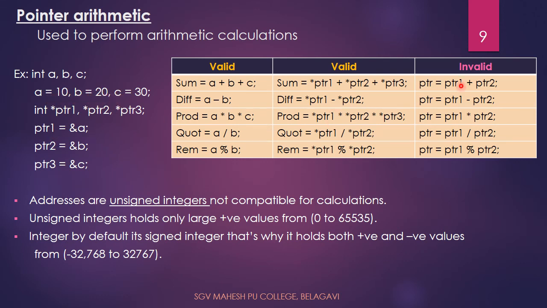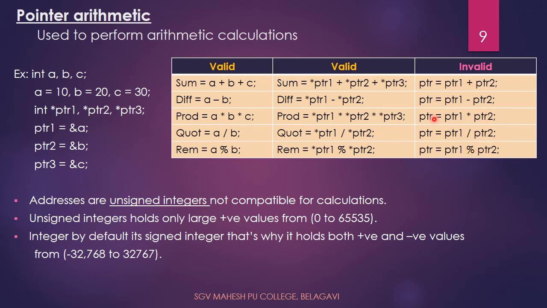Now let's look at the third column. In the third column, we are trying to add pointers, that is ptr1 plus ptr2. And if you look at this, all these expressions are invalid. Why are these expressions invalid? It's because we are trying to add 2 pointers, or subtract, or multiply, or divide, or find the remainder.